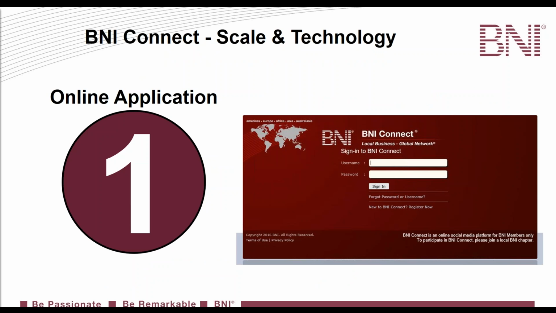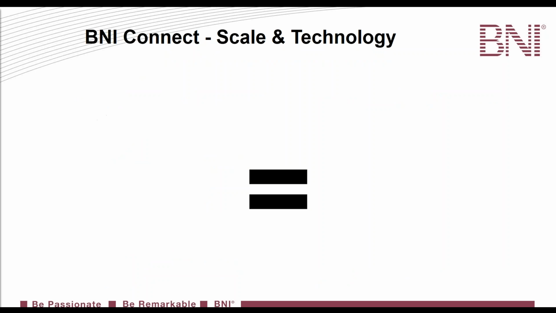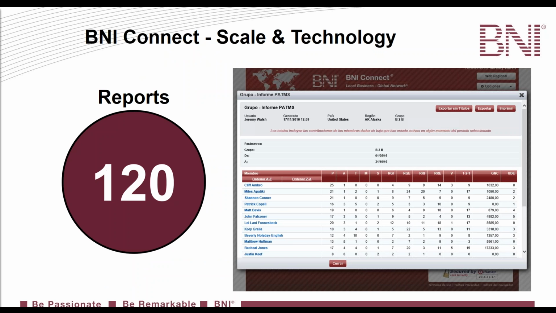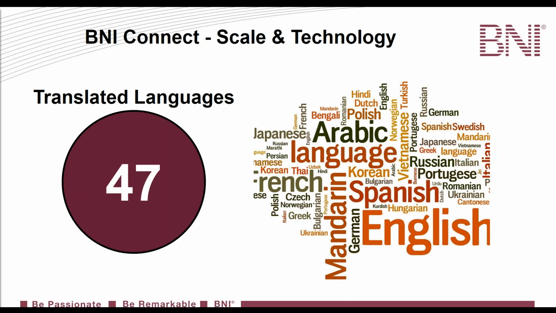So, very quick rundown of the technology. It is one application. It is not a website. It is an application that happens to be accessed through the internet. So it is an online application which consists of 950 individual pages. We've got about 120 reports in the system. It is translated into 47 languages.